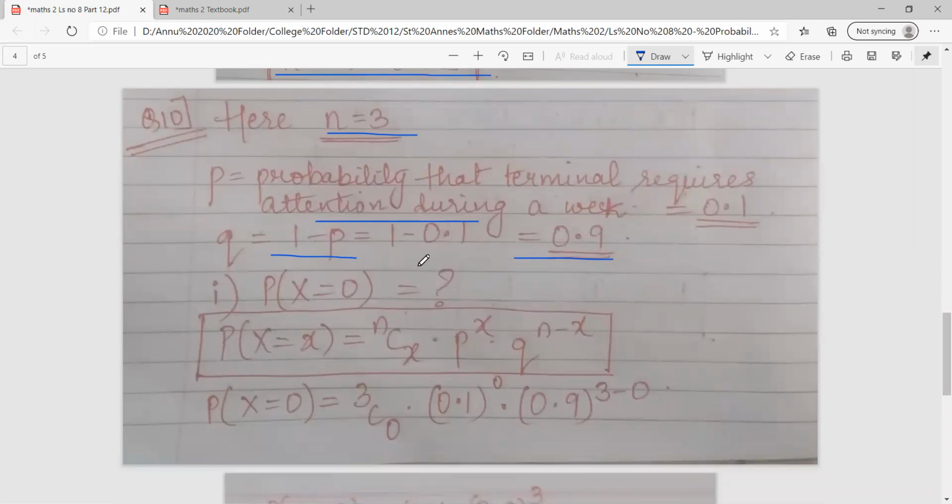The first part they are telling is that 0 terminals require attention. So that means you have to find out P of X is equal to 0. So P of x is equal to 0 is nothing but NCx into P raised to x into Q raised to n minus x. So these are the values I get after substitution.